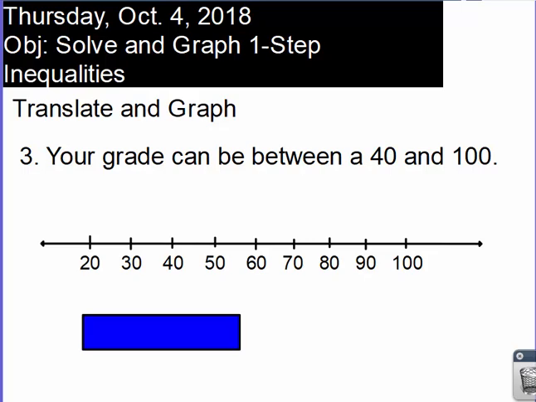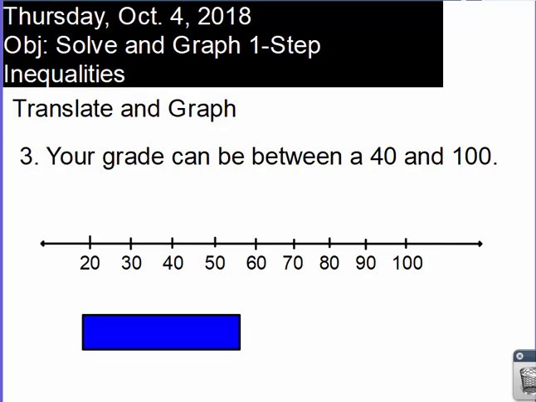And compound is just like when we're using a sentence. A compound sentence is two sentences put together. A compound inequality can be two inequalities put together. So here's kind of an example of one of those. It says your grade can be between a 40 and 100. Now you can also have a 40 and 100, so we're going to include those.